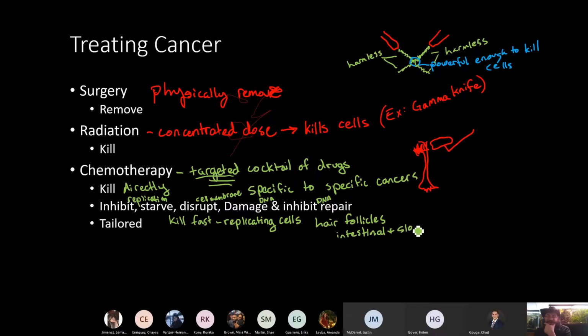Stomach linings can take damage. These are things that have to continually be produced to protect your digestive system and lubricate your digestive system. So often side effects of chemotherapy are losing your hair and also nausea.